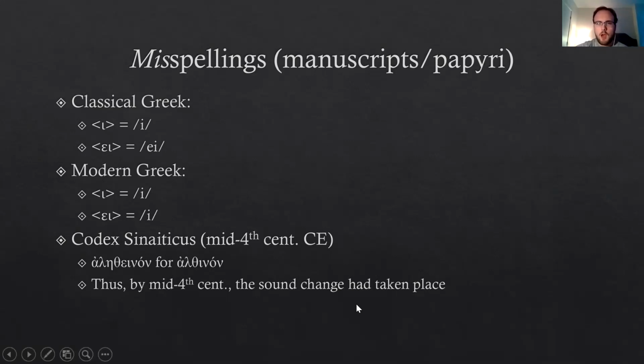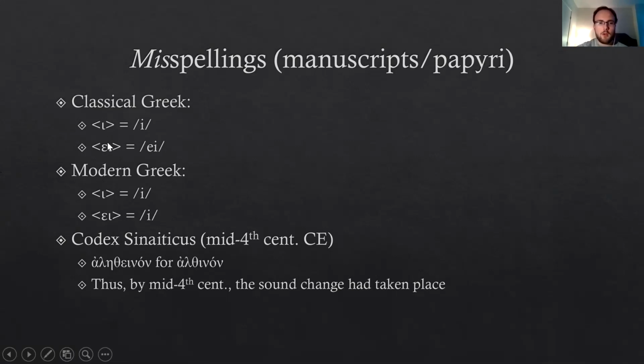We can see this very commonly in ancient Greek papyri. For instance, this is very common in manuscripts, and while we talk about papyri here, very common in the biblical papyri, of the nature that I gave you some examples of before, papyrus 66. So in classical Greek, this iota character right here denoted an e.